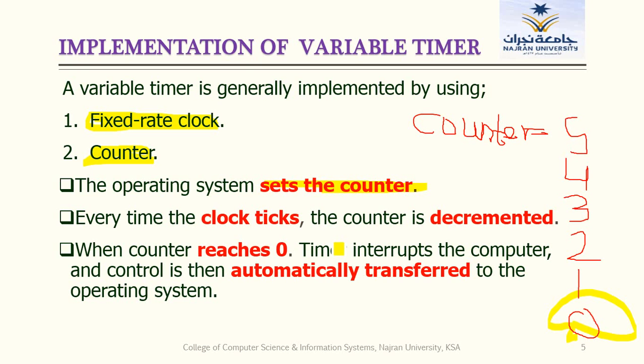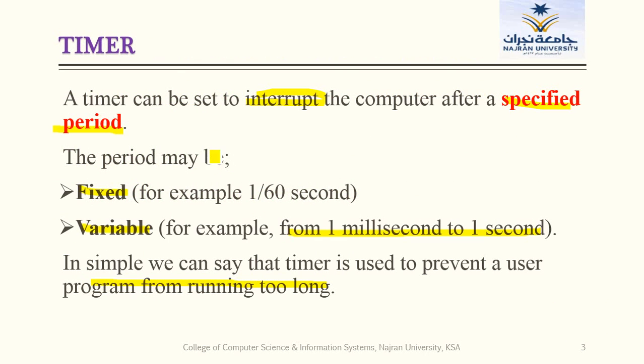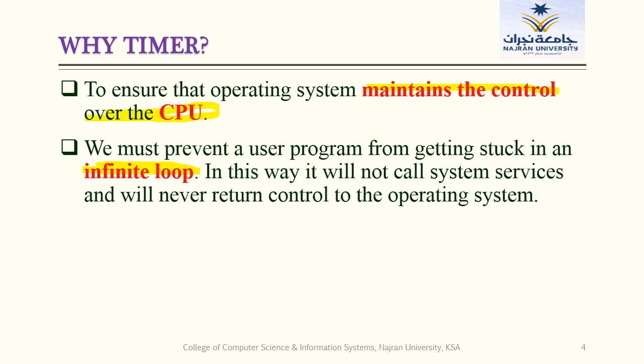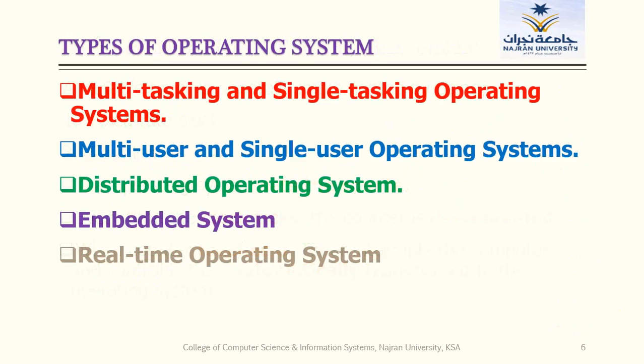So what have we seen? Timer. What is a timer? A timer is used to interrupt the computer after a specified period of time. We have two types of timer, fixed and variable. Why do we need a timer? Because the timer is used to ensure that the operating system maintains its control over the CPU. How can we implement a timer?